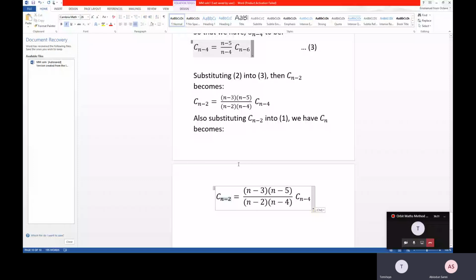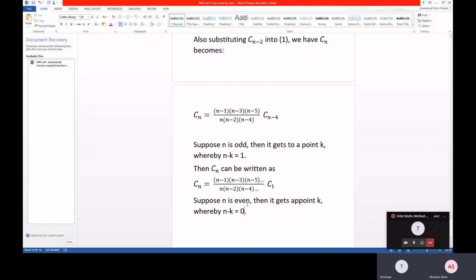So at that point, you're going to stop. So in this scenario, Cn can be written as Cn is equal to n minus 1, n minus 3, n minus 5, dot dot dot, n times n minus 2 times n minus 4. So we get to C0.